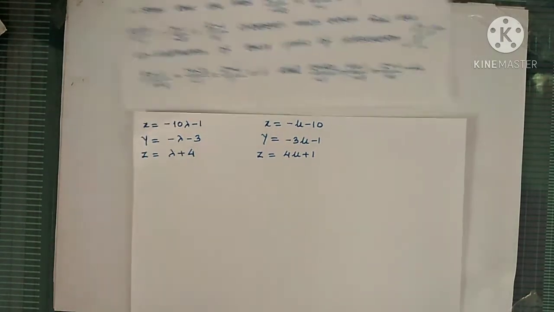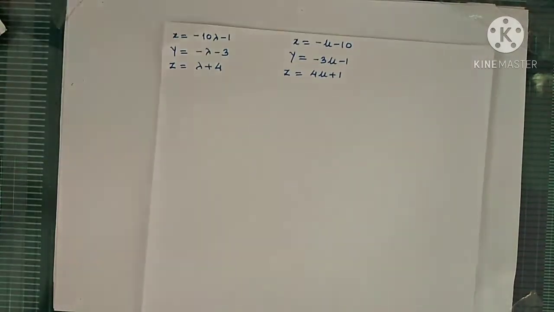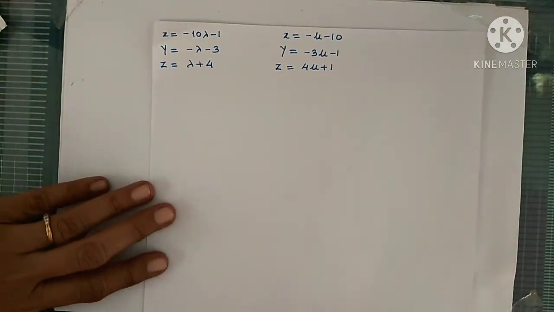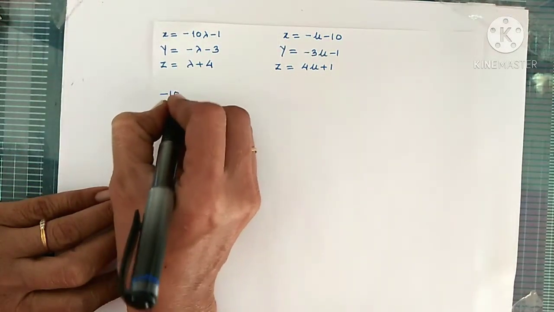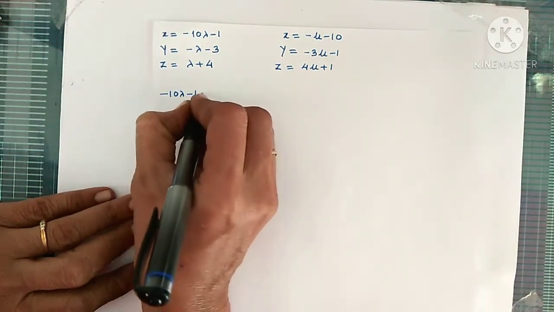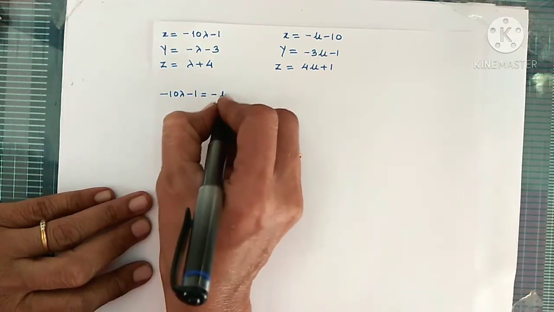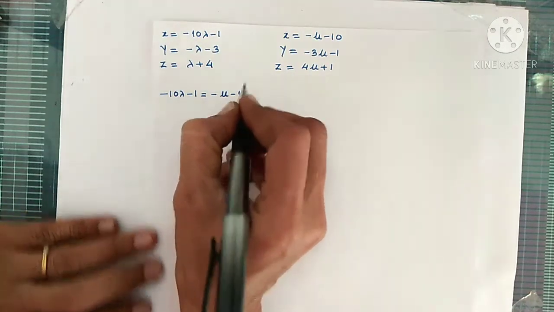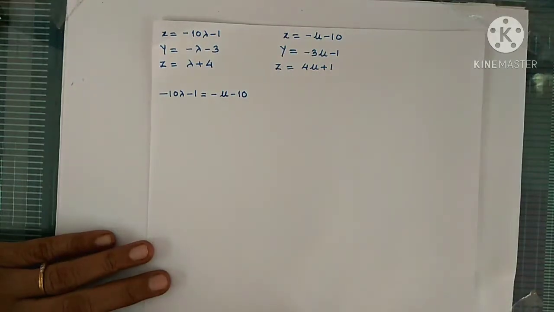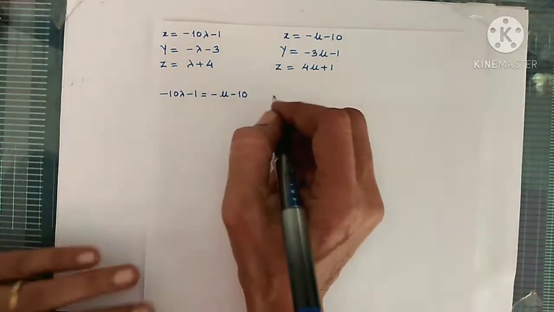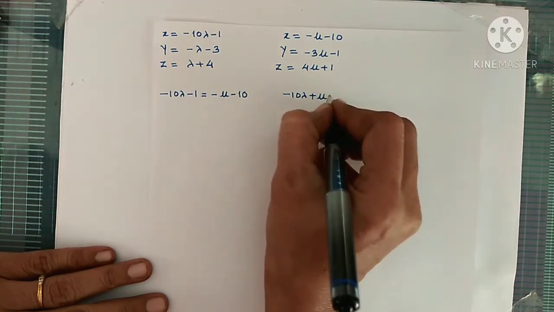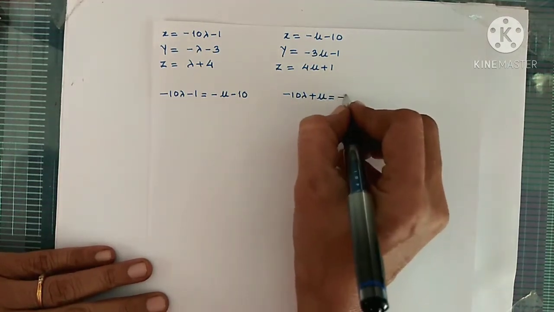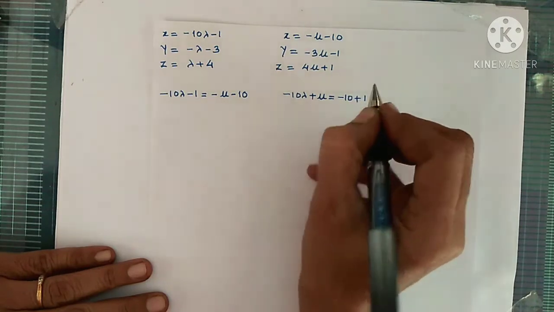So for that point, we have both these x equal. So let's equate those values. We have minus 10 lambda minus 1 equal to minus mu minus 10. So this equation gives us minus 10 lambda plus mu equal to minus 10 plus 1.